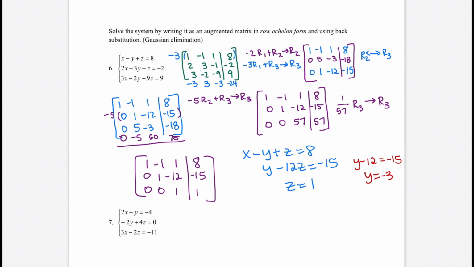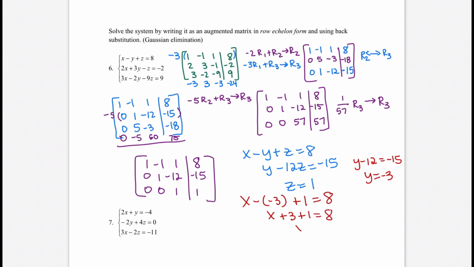So now that I know that y is negative 3 and z is 1, I'm going to take those two numbers and substitute them in for y and z in the first equation. So we're going to take x minus a negative 3 plus 1 equals 8. So this is x plus 3 plus 1 equals 8.